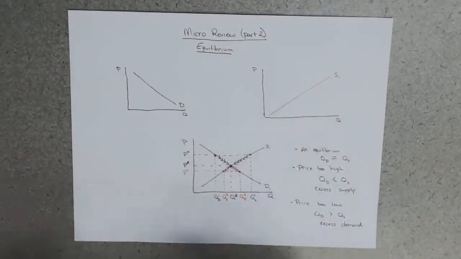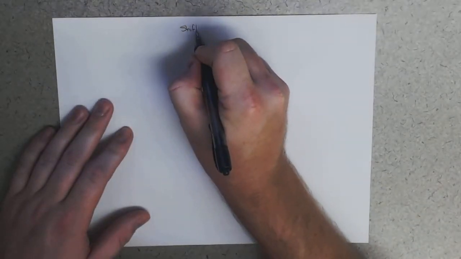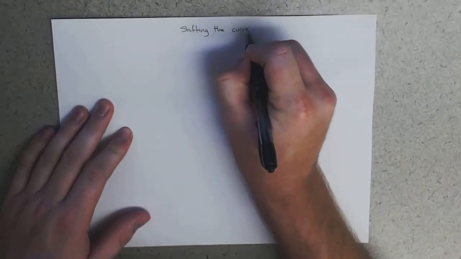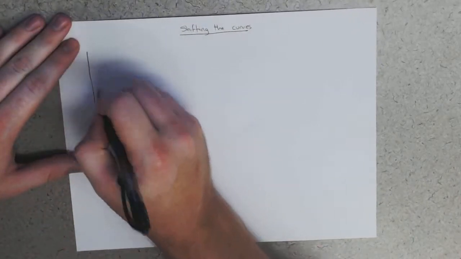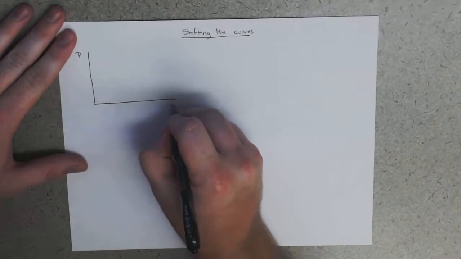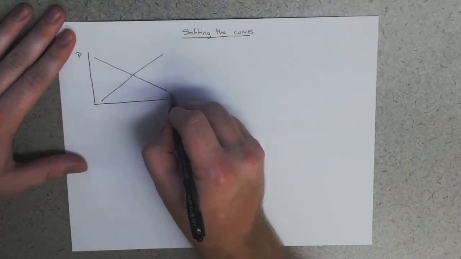Okay, so I'm going to change paper, and we're going to move to shifting the curves. Now when we shift the curves, it's important to note that we always want to shift the curve first and then read the price and quantity changes after.